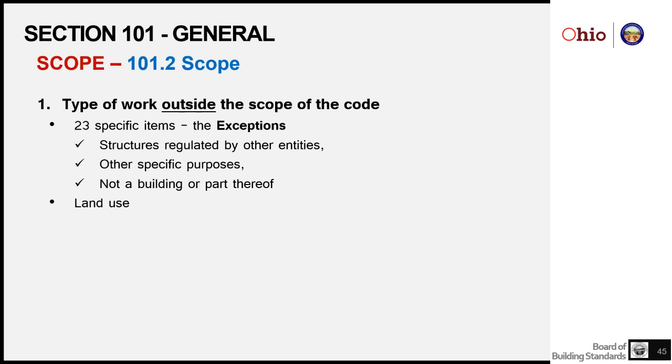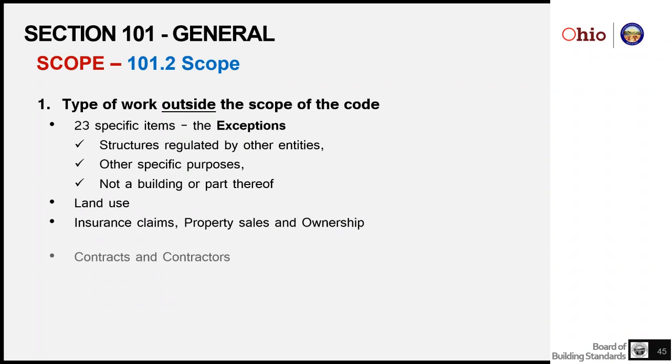Land use, as I mentioned before, is typically governed by zoning codes. How is the land used? Insurance claims, property sales, and ownership are all outside the scope of the code. Many of my questions deal with who is paying for work through an insurance claim and what is the scope of work that is required.